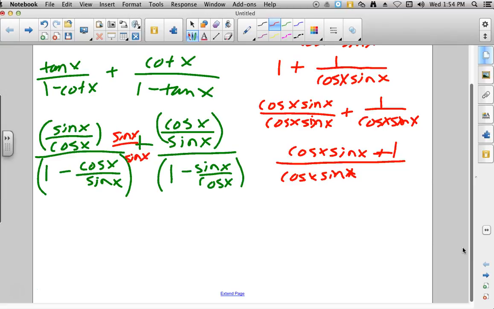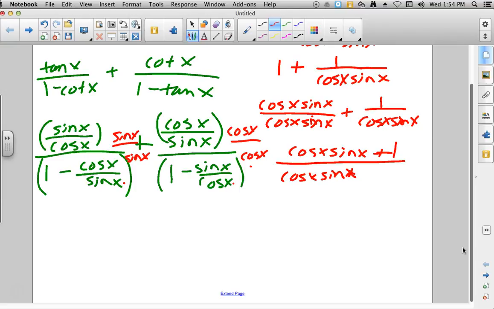Now, you think, why on earth are they doing that? Well, what they're trying to do is get rid of fractions in our denominator. And so we see we have a sine of x down here, and that would make perfect sense for this one. But for the other fraction, they multiply by the cosine of x over the cosine of x, and that makes perfect sense for getting rid of the denominator of the bottom fraction.